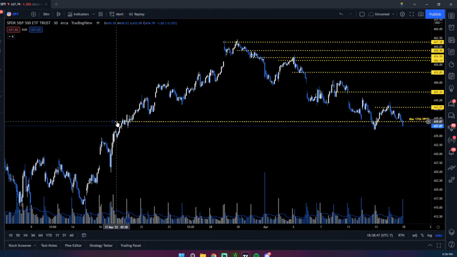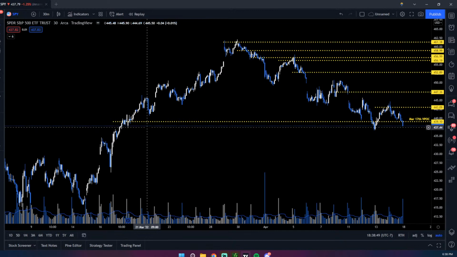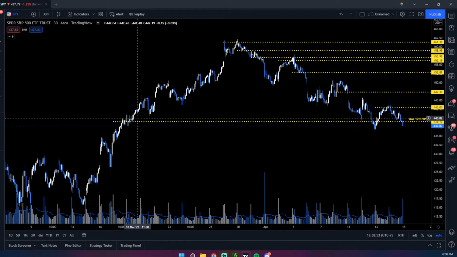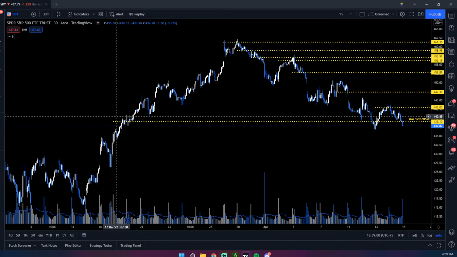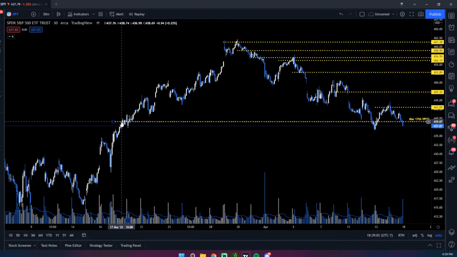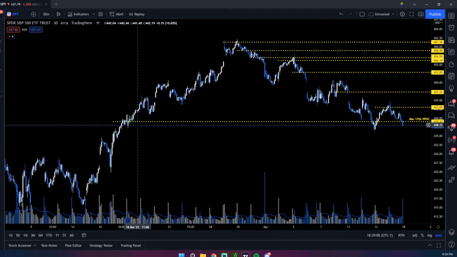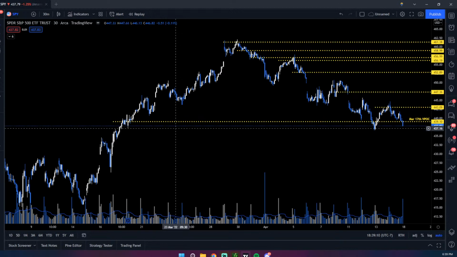From the point where it's formed until the following day, it will get touched a lot, and it might get touched in after hours and pre-market, and that's fine. It's still going to be a virgin POC on the day that it's formed. After the day that it's formed, so the following day, if it gets touched at any time, it would become a non-virgin POC.